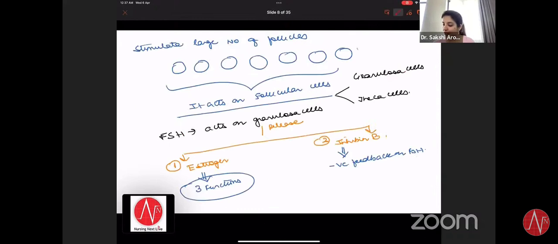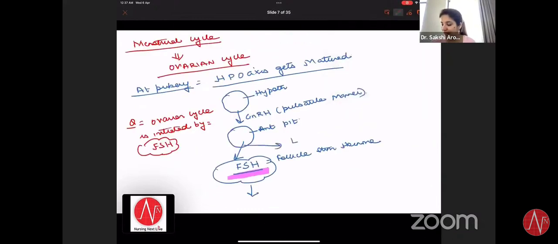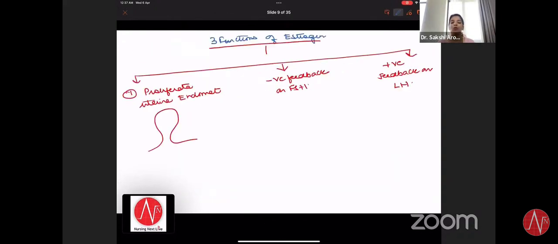So anterior pituitary से एक और hormone निकलता है, that is LH, and estrogen will have a positive feedback on this LH. It will have a negative feedback on FSH. Clear to all of you? Now we are going to just see कि इन तीनों functions के application क्या हैं.